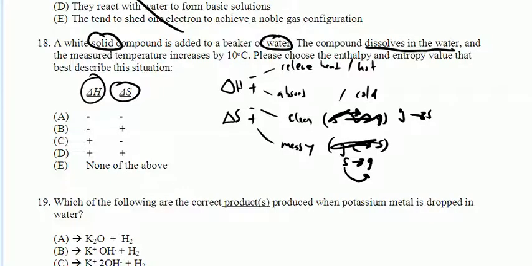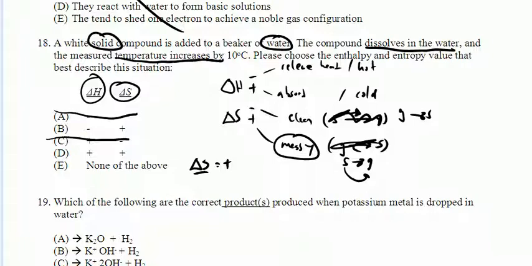It's dissolving in the water, so it's getting messy. So we know that delta S must be positive. So we can get rid of A and we can get rid of C. Alright. And the measured temperature increases, so it gets hot, it releases heat. So we know that delta H has to be negative. So that's going to be B as our choice.